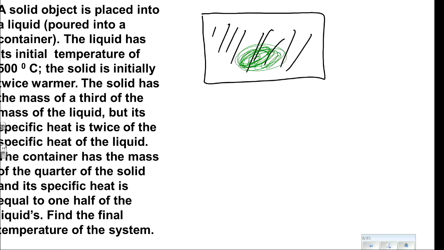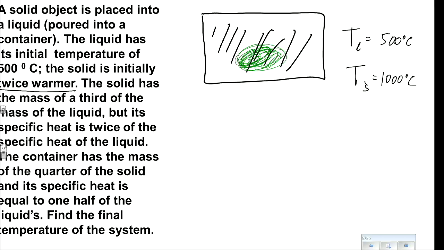For the liquid, the initial temperature is 500 degrees Celsius. And the initial temperature of this solid object is twice of that. How do we know? We can read. Twice of that means 1000 degrees Celsius.